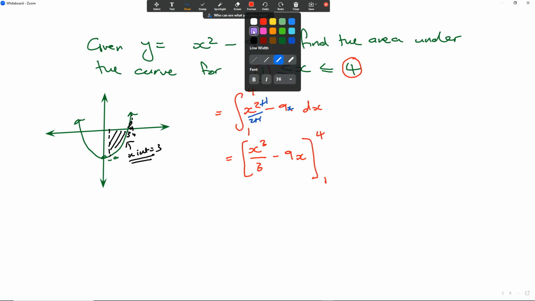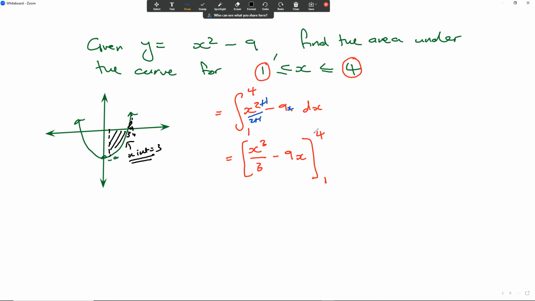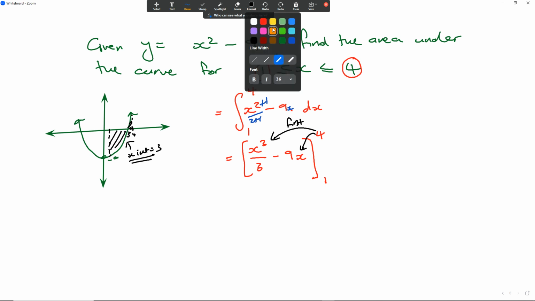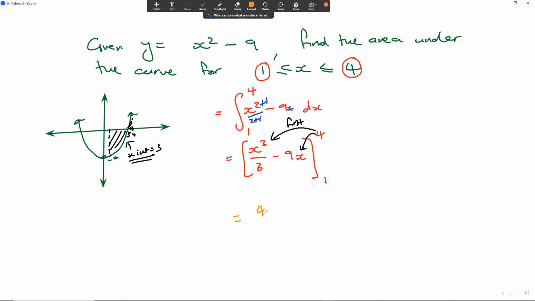Now that I have that, what I do now is I substitute 4 in first. When I substitute 4 in, I get 4 to the power of 3 over 3 minus 9 times 4. And then I subtract the substitution of 1 in afterwards.